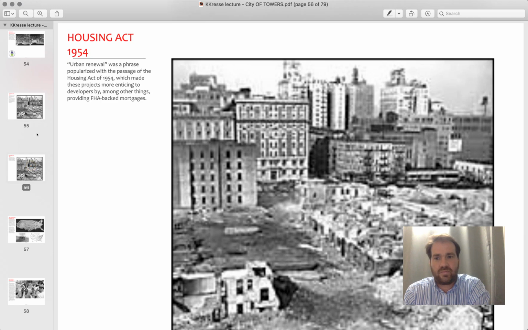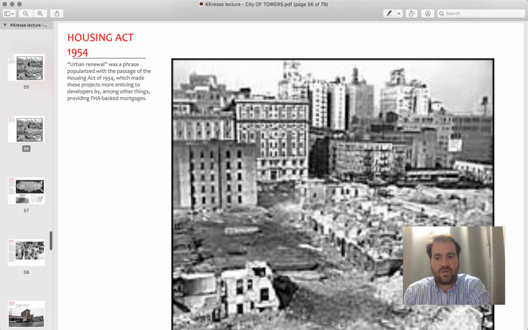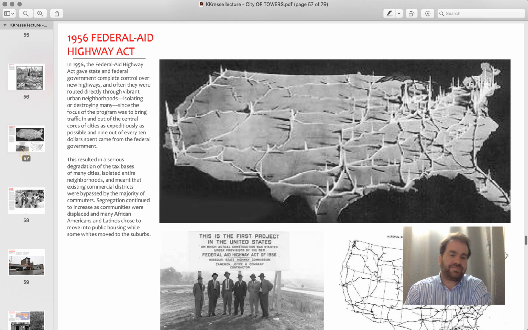And then in the next image there's another policy that also had an effect on the cities in the US, which was the Federal Aid Highway Act. Politically it was wanted to connect the different cities better.